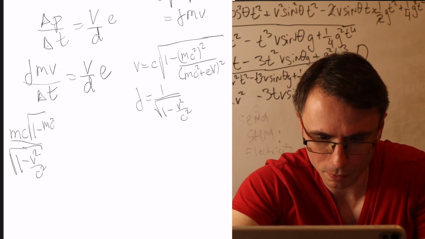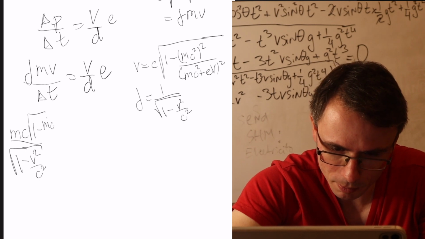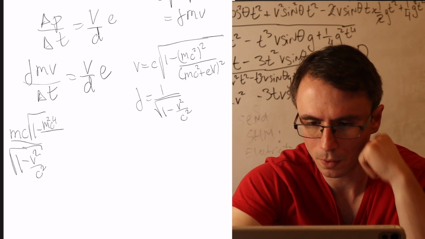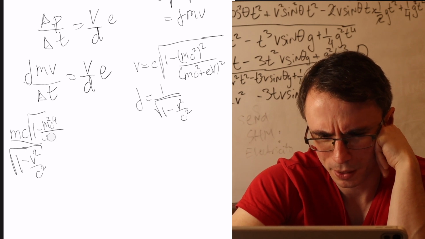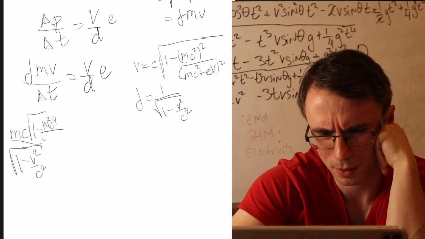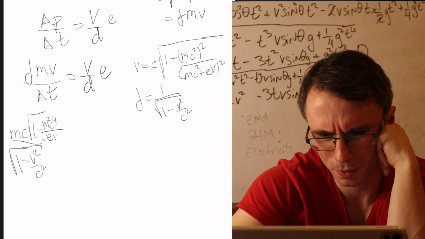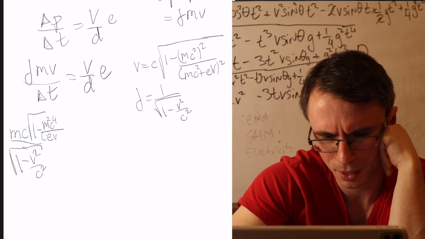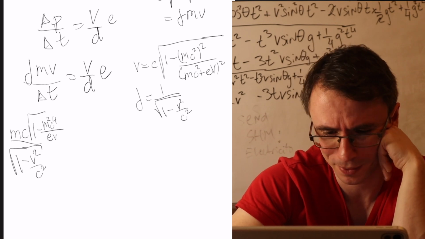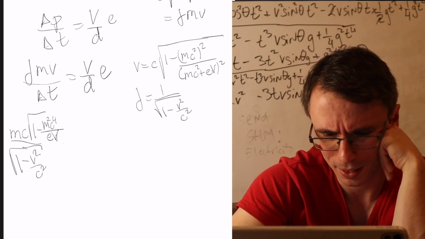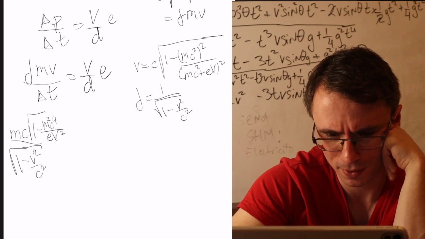Actually, let's just write this as m squared c to the power of 4, divide that by mc squared plus eV. We actually did an approximation, didn't we, that eV was a lot bigger, so let's just write that as eV squared. Also, it's going to save a bit of space, even if our final answer is a little bit off at the end.